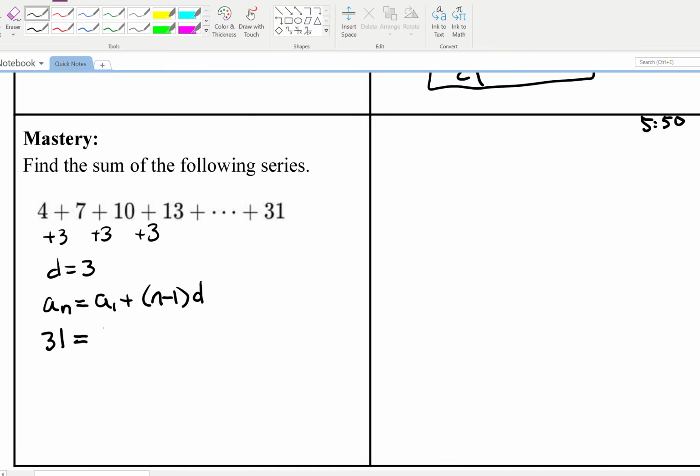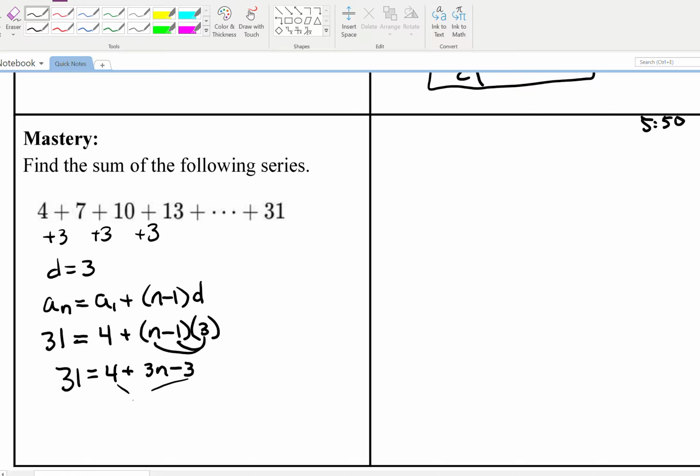31 is equal to a sub 1, which is 4, plus n minus 1 times the common difference, which is 3. And so if I distribute that, I get 31 is equal to 4 plus 3n minus 3.